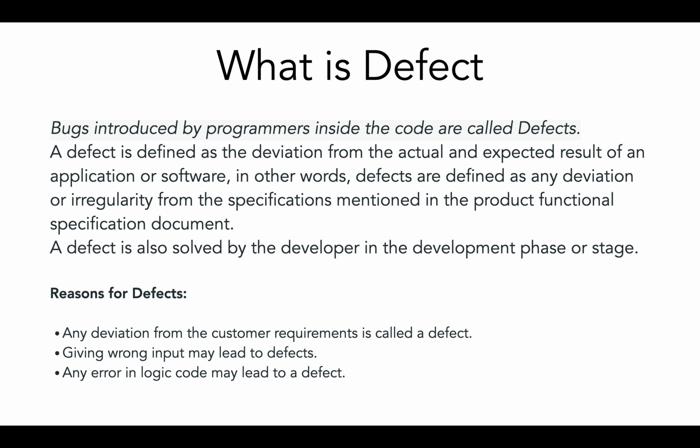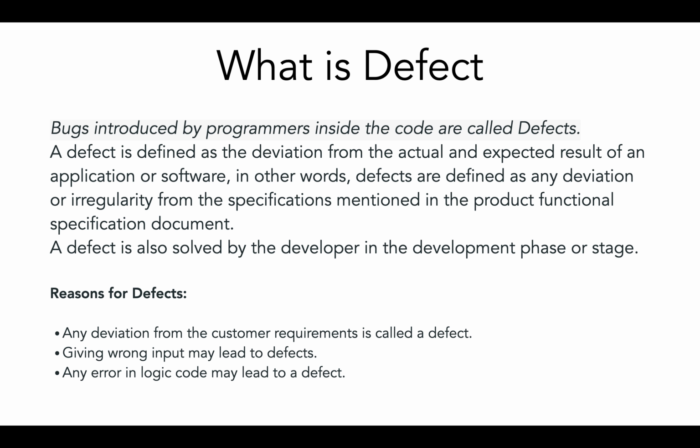We'll go further. So what does a defect mean? It is a deviation between actual and expected results, meaning the functionality is not working as expected per what is mentioned in the specification documents.